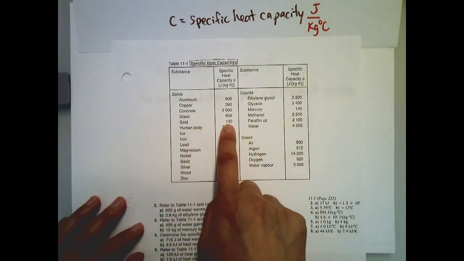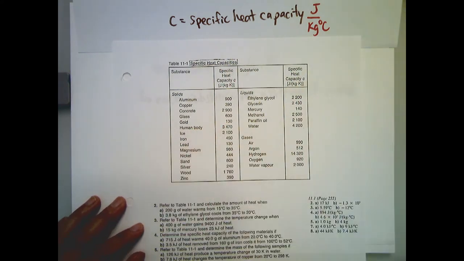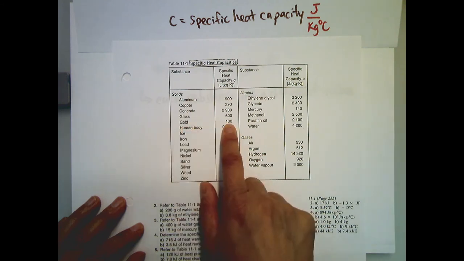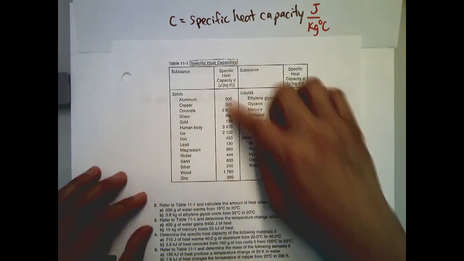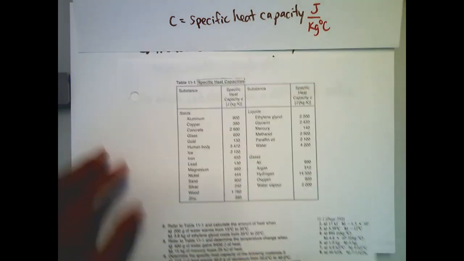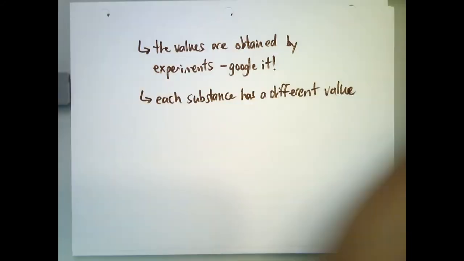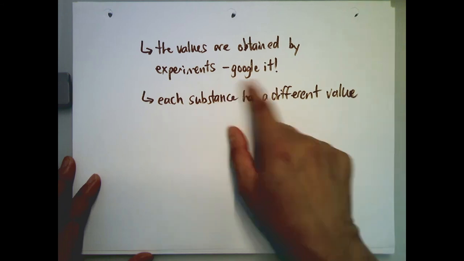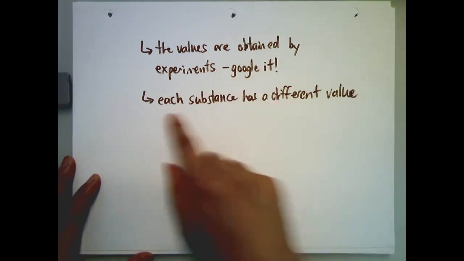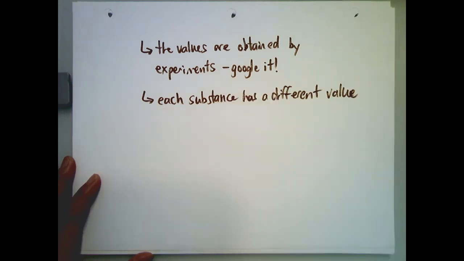Whereas gold only takes 130 joules. That means it's easier and faster to heat up gold than it is water. All right, so there's different values for each substance. So here we have the values are obtained by experiment, so you have to Google it, and each substance has a different value.